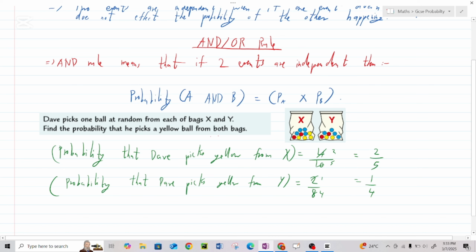Now, how do I know that I had to use this formula? Because, look, the probability that I pick from here does not affect if I pick from bag Y, because they're two different bags. So it does not affect one or the other.